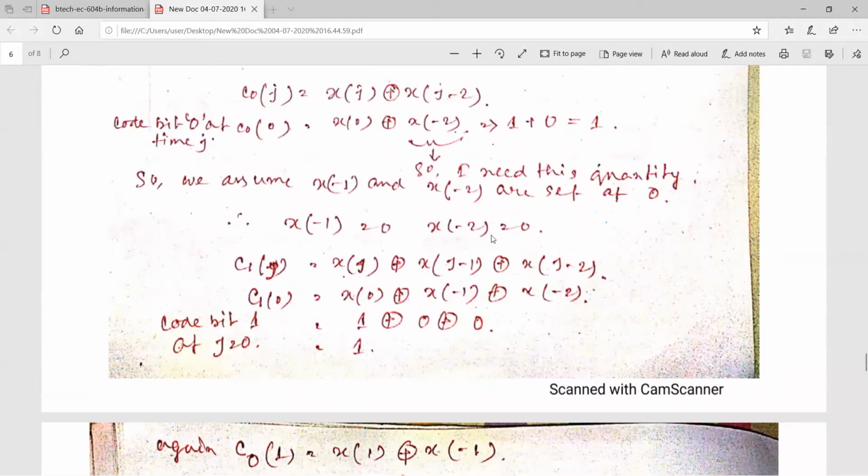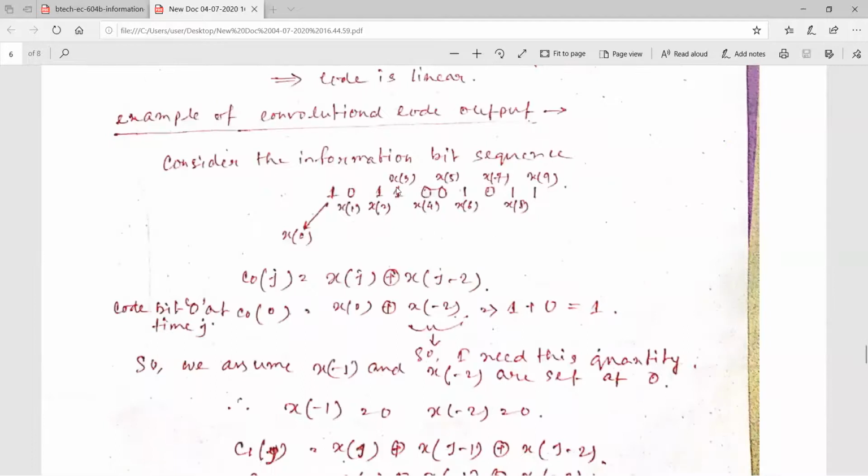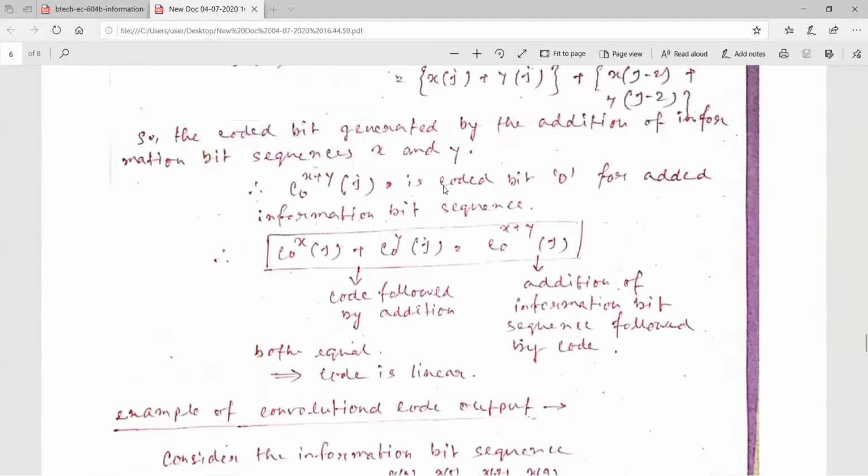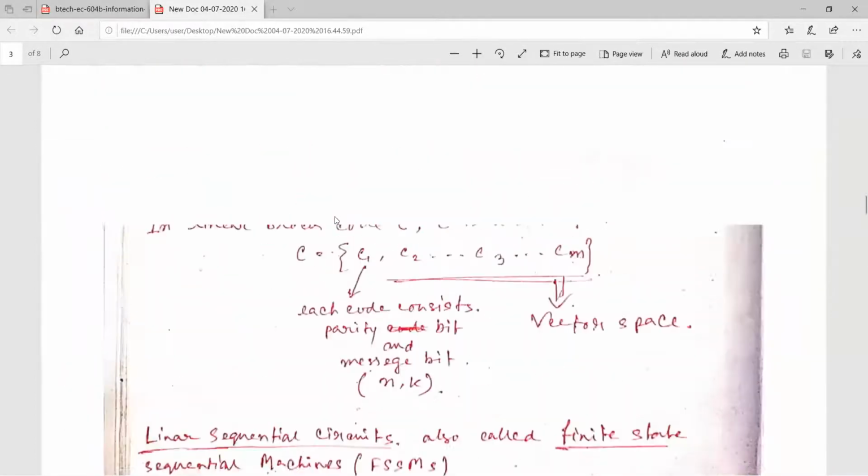Actually this is a state diagram. I've just told you the term state diagram. Actually this is a machine, as I've already told you. So this bit information is going to the encoder input, right? That is the encoder we have studied, from the previous note.